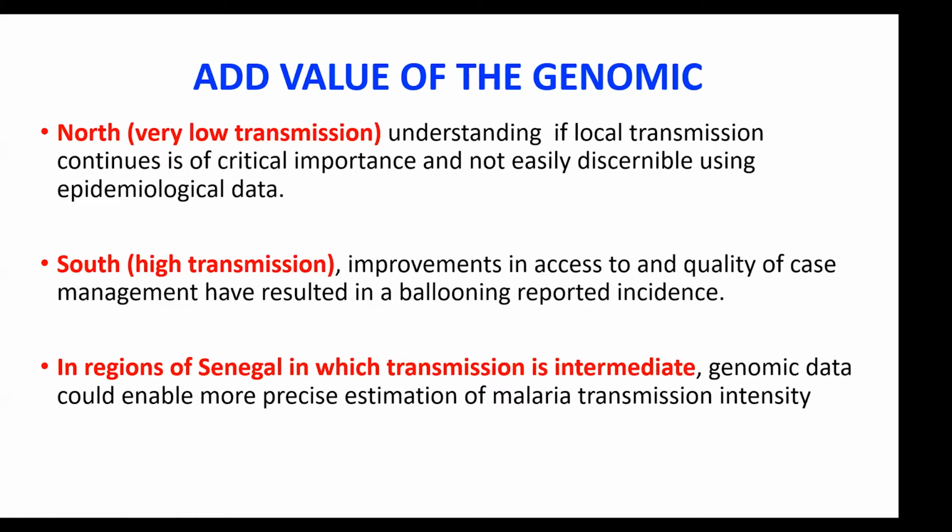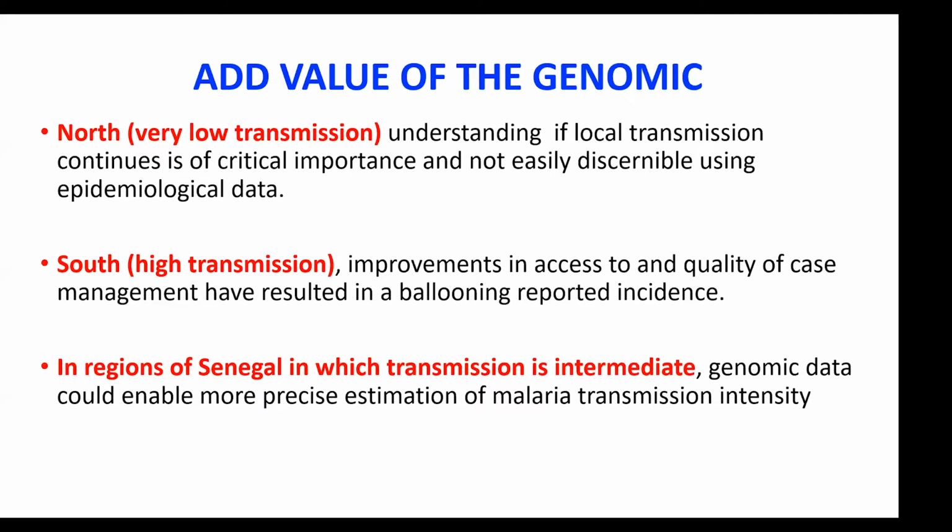The question was, in the north where there is elimination, whether all the cases reported at the health facility are coming from other regions, or if they are local transmission. In the south, again, whether all the prevalence we see is a problem of intervention or maybe bordering importation cases.